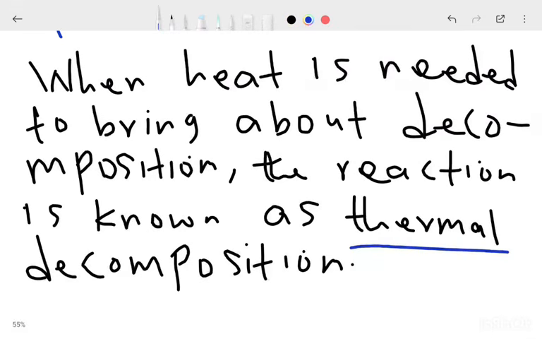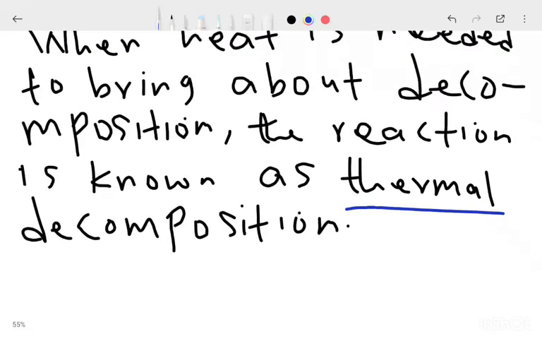Thermal means heat. Are you getting it? Now, meaning that there are some decompositions that can occur without heat. This is what they say. There are some decompositions that can occur without heat, but the type of decomposition that occurs as a result of heat, when heat is needed to bring about that breaking down of big compound to simpler ones, that type of decomposition is known as what? Thermal decomposition. Are you getting it?